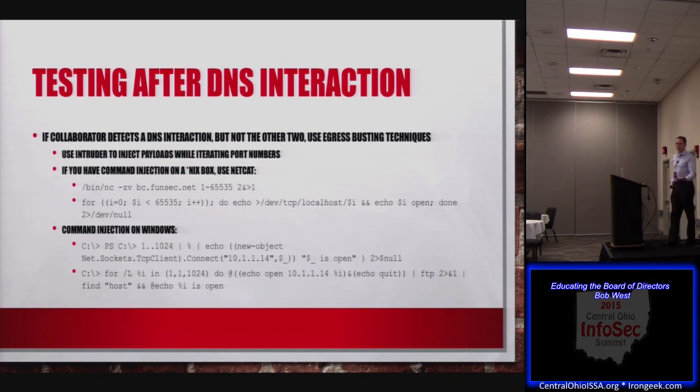So if you've got something like command injection, these here are options for Linux and for Windows. I've got a link in the back to see those, so don't bother trying to write them down. Available at the Command Line Kung Fu blog. But basically, real generic ways to do some port scans and try connecting to various ports.